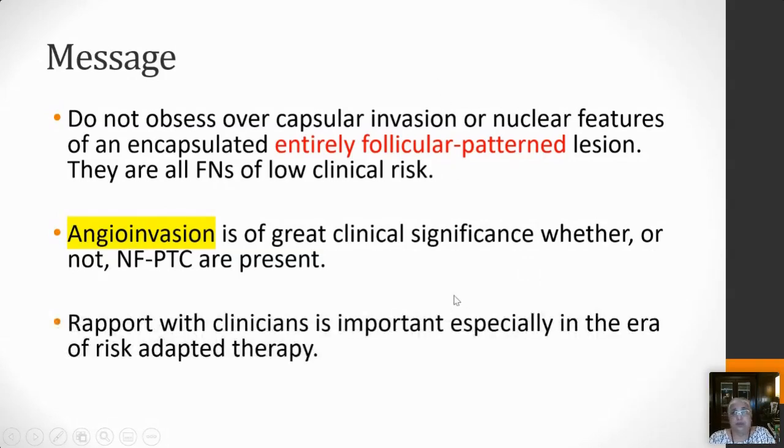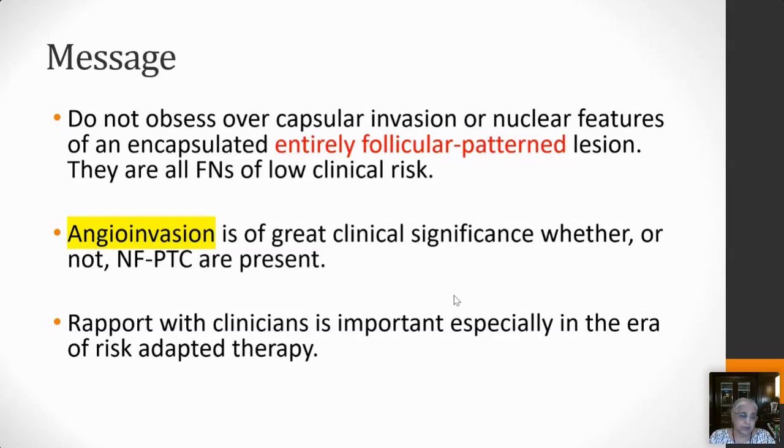And I think this goes without saying that we must have a rapport with clinicians, because today in the era of risk adapted therapy, clinicians need to know from us pathologists some features, particularly the size of the lesion and the presence of strap muscle invasion, but that they will be able to see grossly.